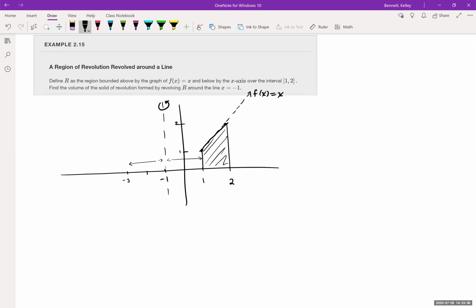So I'm going to go up to 1 and then to 2. This is what it looks like if I were to reflect it across the line x equals -1. And so now your solid of revolution looks like this.